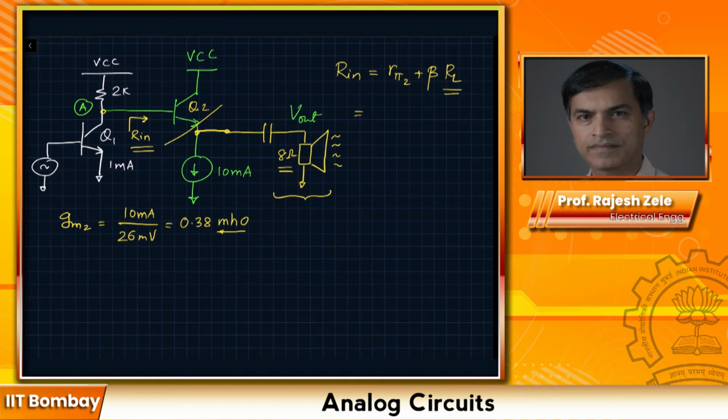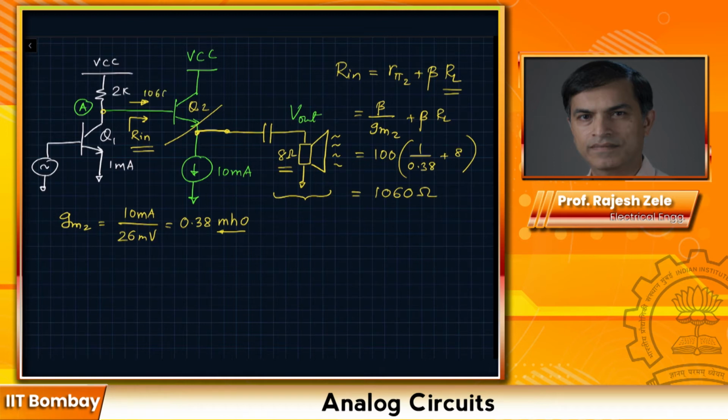So we substitute in Rin: beta divided by GM2 plus beta times RL. This is 100 times (1 divided by 0.38 plus 8 ohms), which comes out to be 1060 ohms.